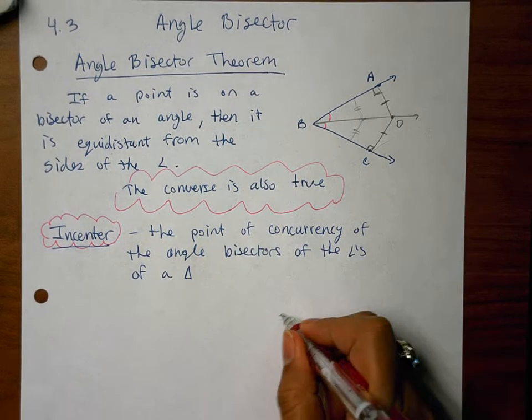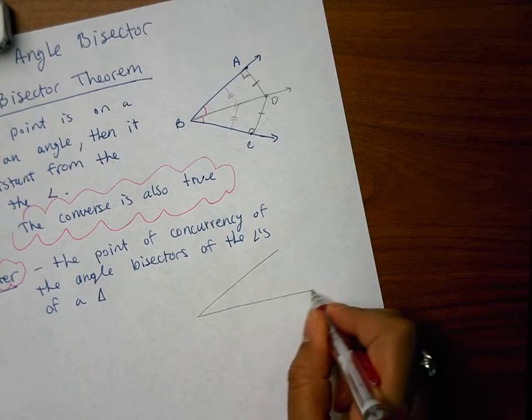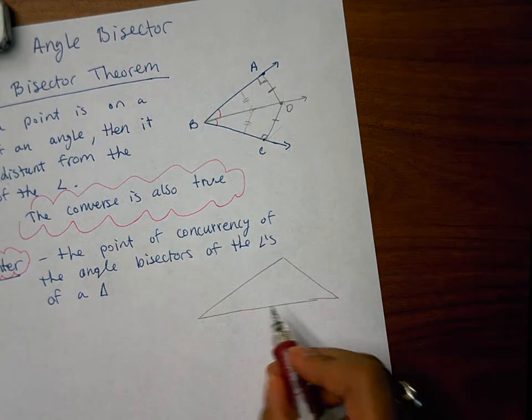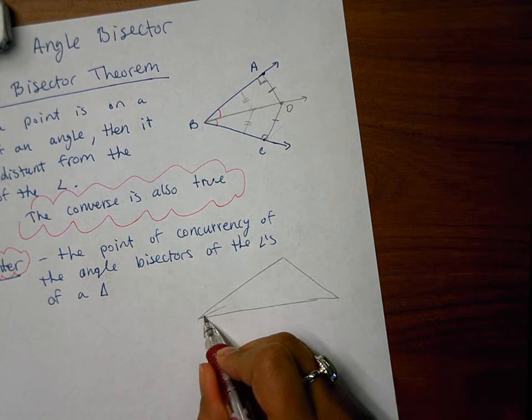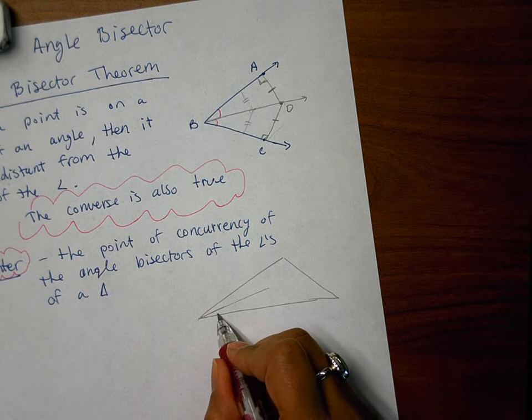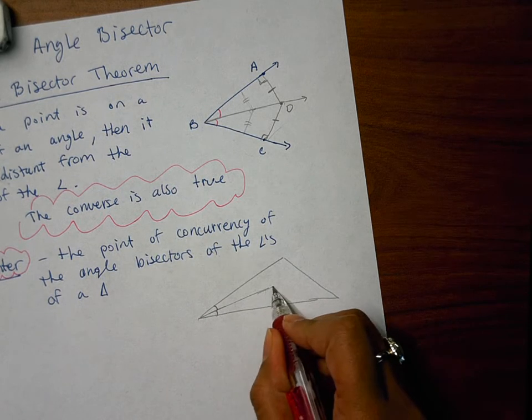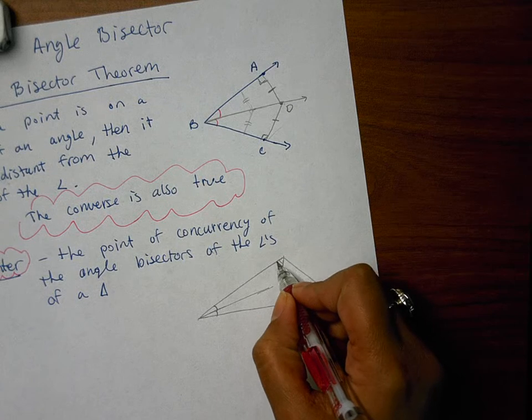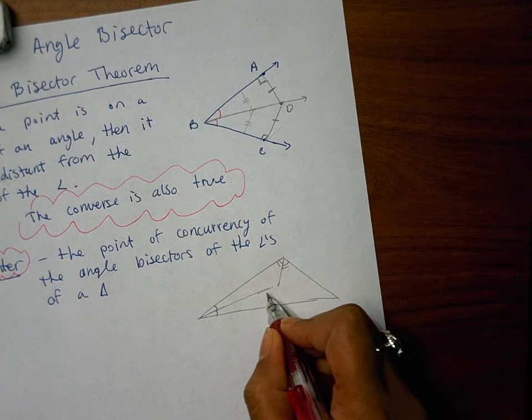So, any triangle you have, and you draw the angle bisectors. Now, here on this image, I'm just kind of eyeballing it.